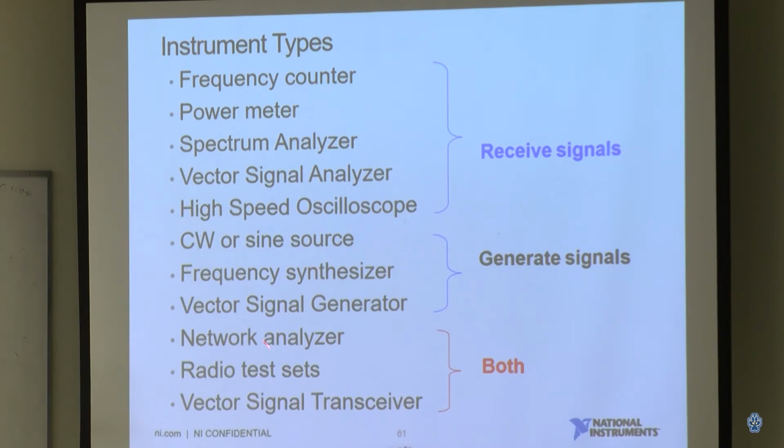And the last one is the network analyzer, VNA. They can be used for both, for generating signals or receiving signals. So there's another term called vector signal transceiver. Transceiver means transmitter plus receiver. It's just two terms added together.